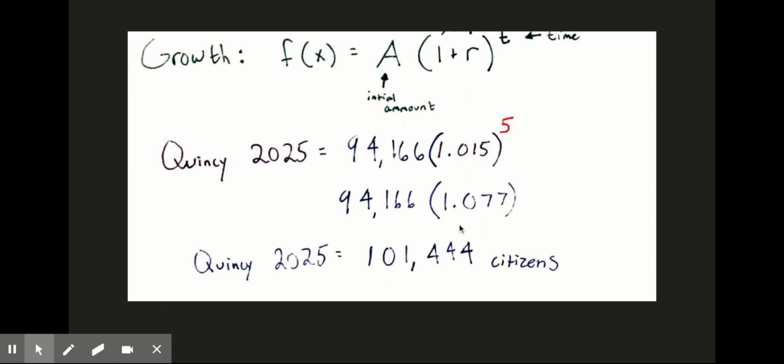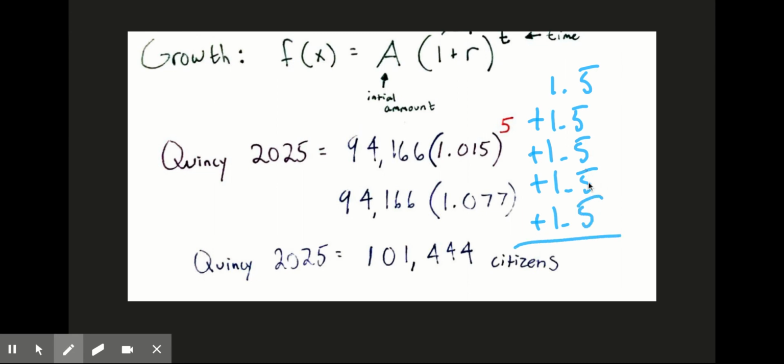1.015 to the 5th power is 1.077. So basically that's saying, look, after 5 years, you've actually gained 7.7%, right? Which is a weird thing to think about. Because if I do 1.5 plus 1.5 year after year for 5 years, you might be thinking I might have gone up by 7.5%, not 7.7%.